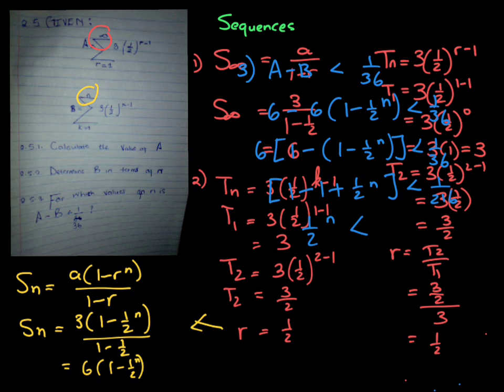And I'm left with half to the power n less than 1 over 216. We can try to convert 216 to factors of 2, which is not possible. So we're sitting with an interesting situation where we cannot solve for n unless we use logs.